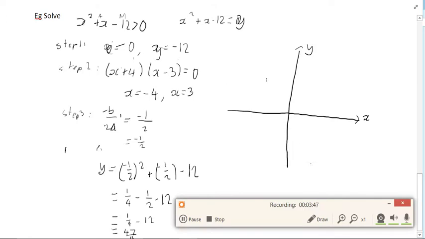Y would be equal to -12, so we know it cuts the y-axis at -12, and it cuts the x-axis at -4 and +3. So all you do is draw this down to here, so its turning point is at x equals -1/2, so around about here. And that is how you would draw that up.